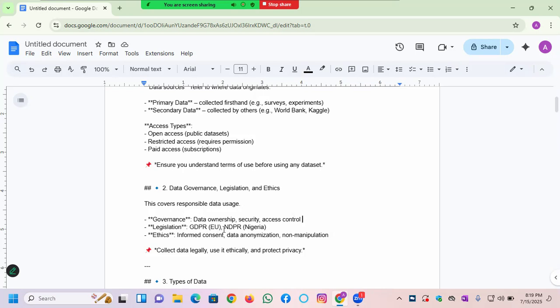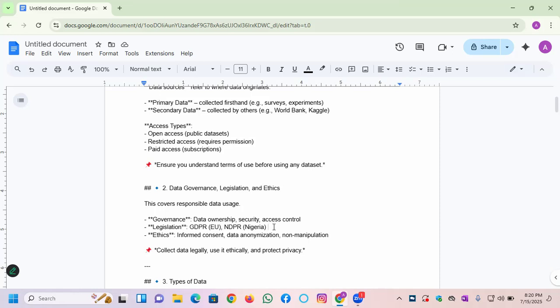So now, legislation. We have different legislation as to the use of data. Every country has legislation about data usage. You can't just divulge people's information. Those social media that we are looking at, there is a lot of legislation they must follow. That's why, to a reasonable extent, your secret is safe on social media, because the company that owns most of those social media cannot put out people's secrets.